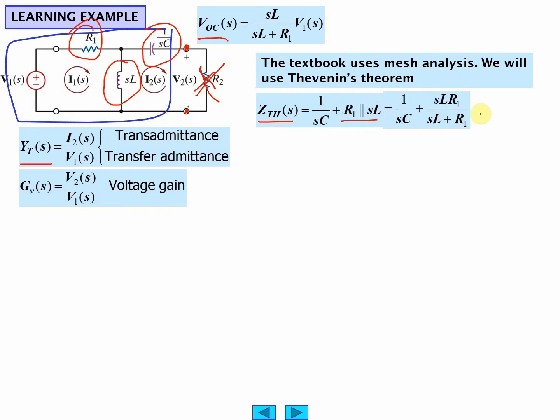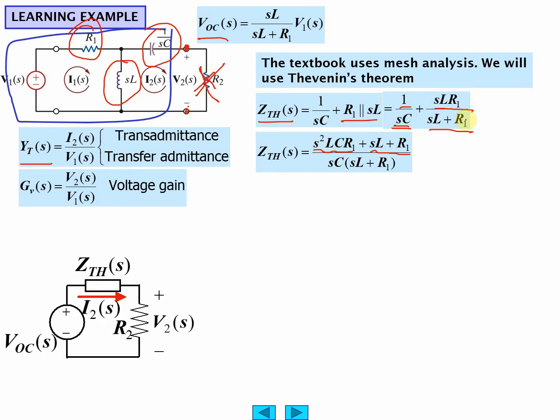So you can rewrite it like so, and you can get the least common denominator, which would give you an SL plus R1. So SL R1 times 1 is this. SC times SL R1 gives us S squared L R1, which is this times this. So that's pretty easy to see. Now we have a new circuit as given below here.